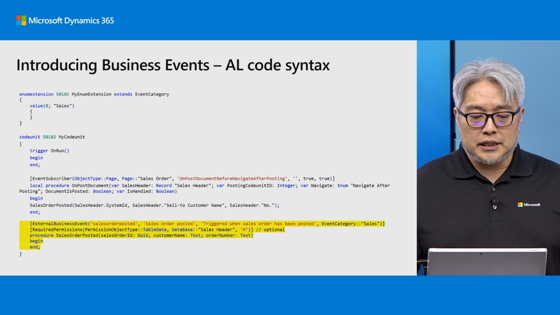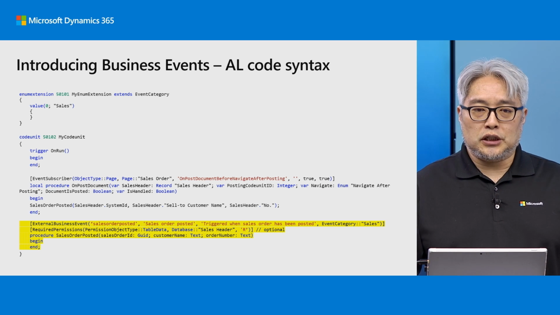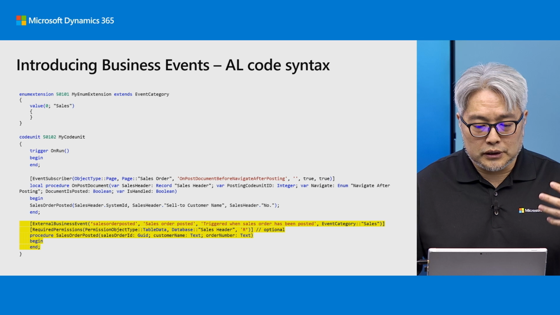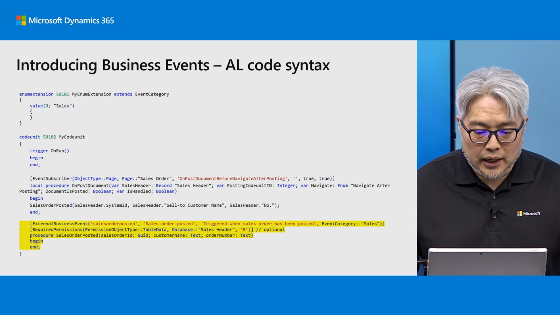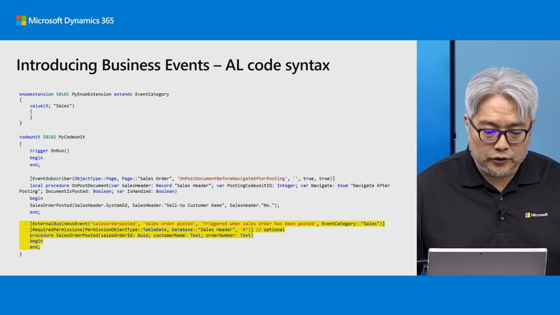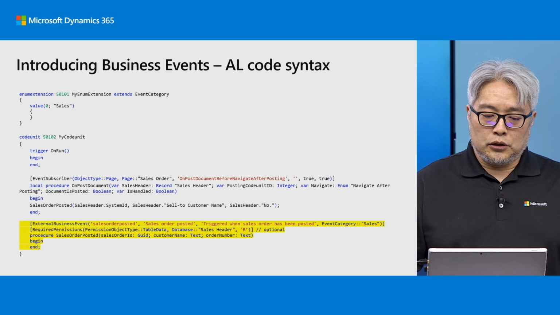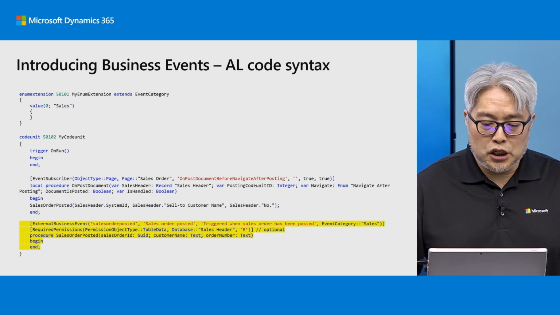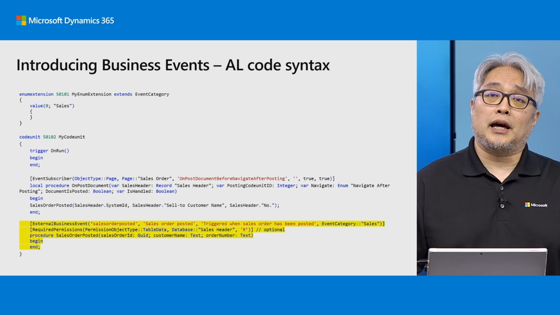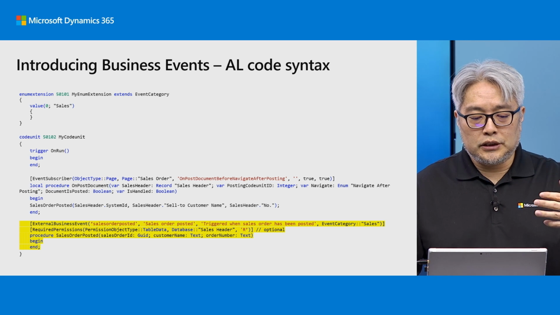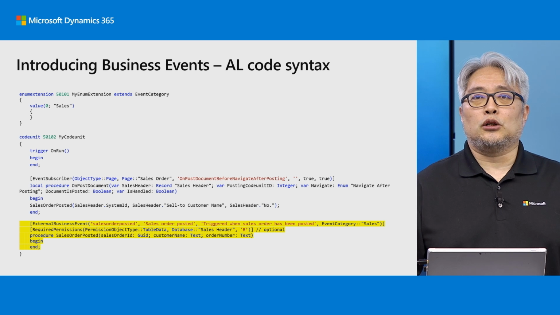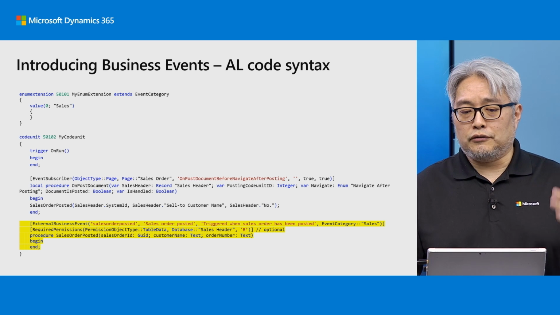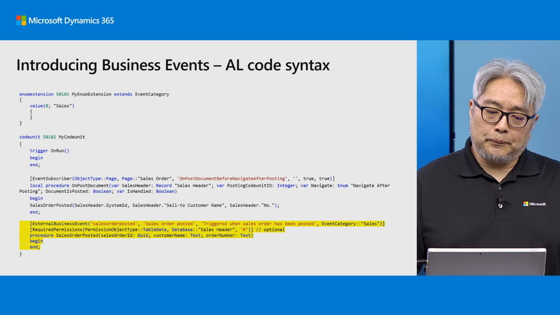For example, in this case, you can add a permission such that a subscriber to the sales order posted has to have read access to the sales header table. But that's optional, right? And then essentially in your business event definition, whenever the internal event happens in your extension, you will just call the procedure, and that will notify the external system or Dataverse that an event has occurred. Okay.